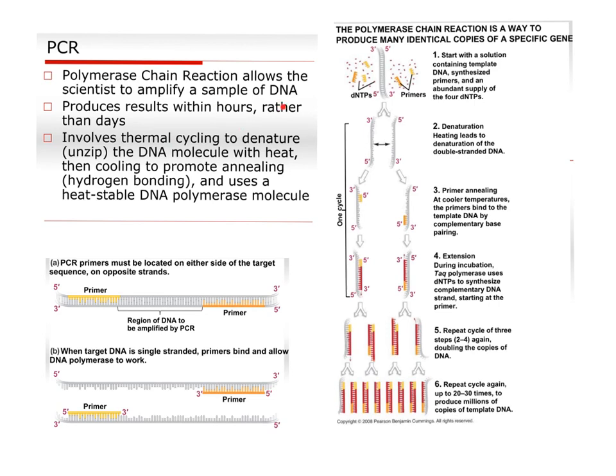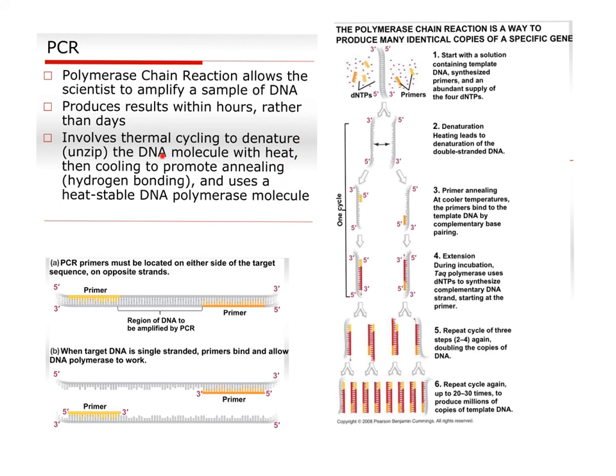So within hours rather than days, a machine and a specialized enzyme called Taq polymerase can actually create for us hundreds or thousands of copies of DNA in a very short period of time. The machine that actually does this is called a thermocycler.